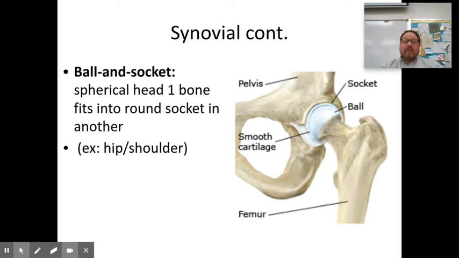And then finally, one that's probably really relatable, ball and socket joint. So ball and socket joints have a rounded head and a rounded socket, and that gives greater range of motion. So the cool thing about ball and socket joints, it's at our shoulders and our hips, so we can position those joints all over the place. So ball and socket has a really great range of motion, and then your elbow is a hinge, and then between your phalanges, those are also hinge joints.